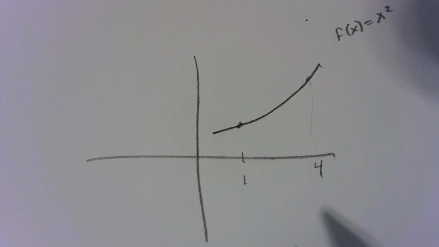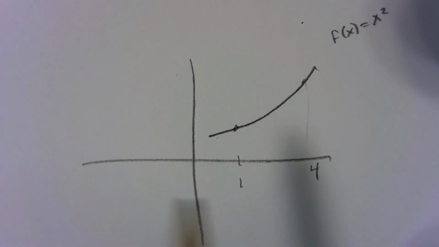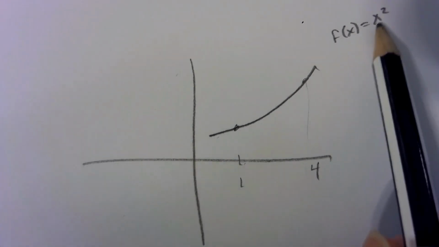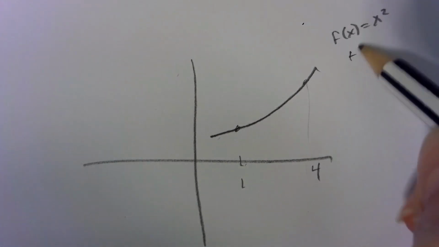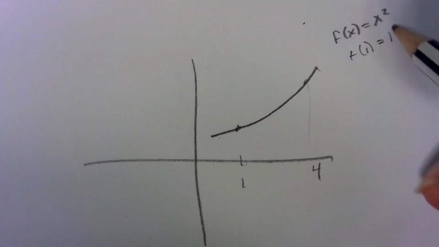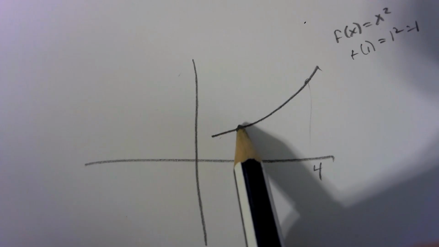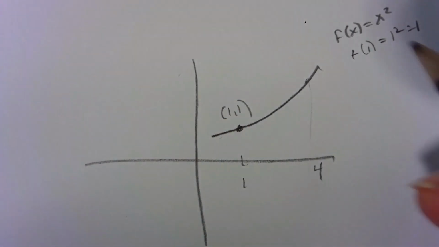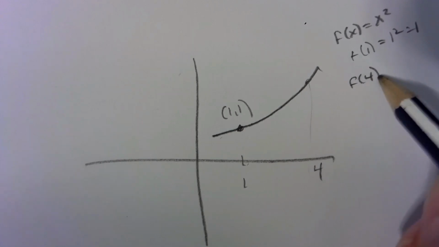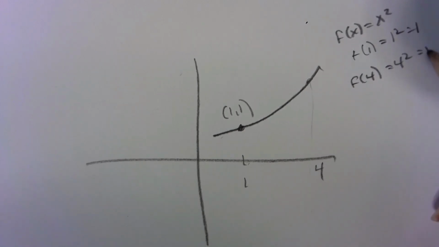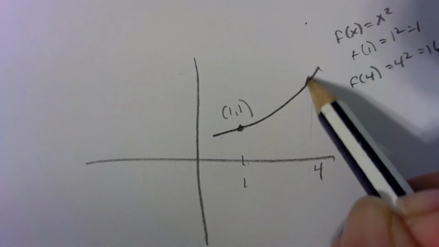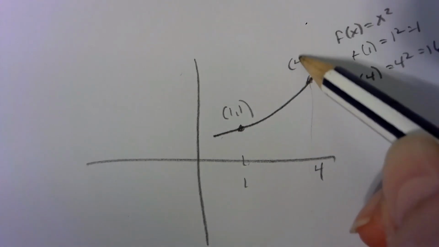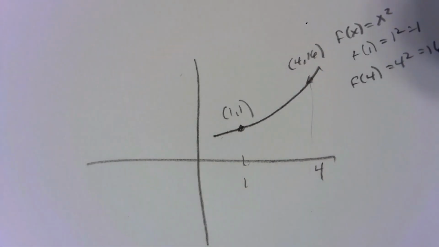It's a really sad looking part of x squared, but anyway. If I plug a 1 into this function, I know that f of 1 is 1 squared, which is equal to 1, right? So this would be the point 1, 1. And if I plug a 4 in, f of 4 is equal to 4 squared, which is 16. So this over here would be the point 4, comma 16. You with me on that?